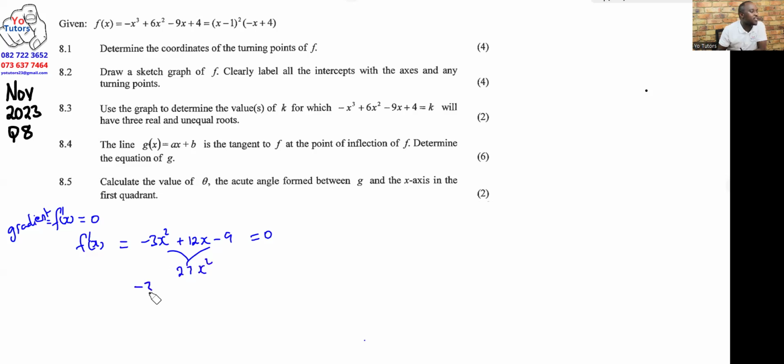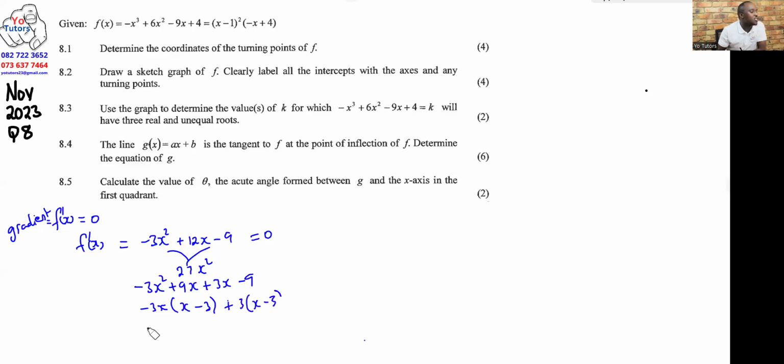So here we have -3x². Two factors that we can use are -9x and +9x... plus 3x minus 9. That will give us -3x there, then we have (x - 3), then plus 3(x - 3).